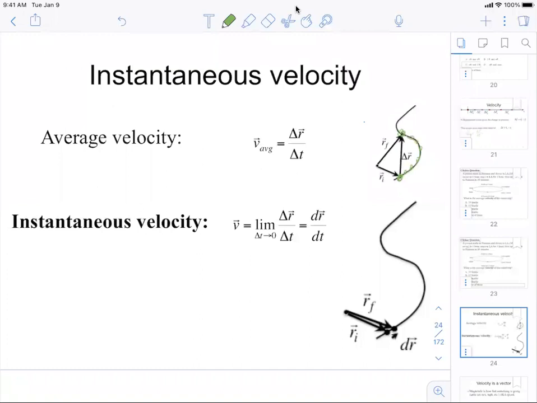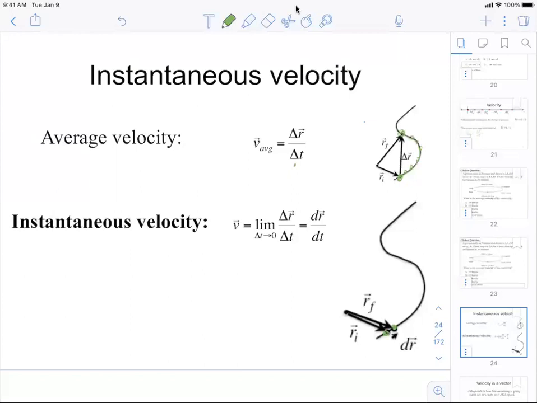So in order to get a velocity at one particular moment, we use this idea in math of taking the limit. When you look at 2 points, these 2 points are so close together that it's basically 1 point. Then you're narrowing it down to your velocity at that instant.